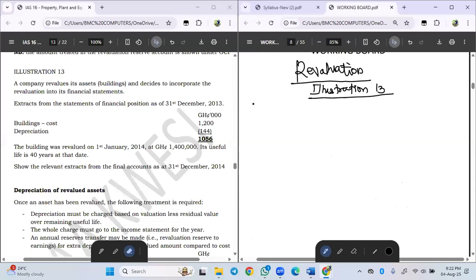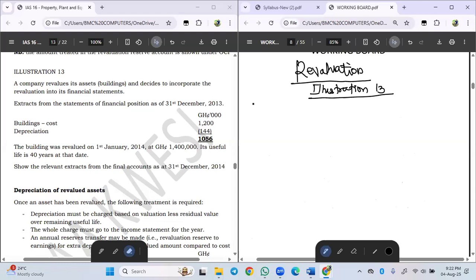Extracts from the statement of financial position as of 31st December 2013. We have building at cost, depreciation. Then the building was revalued on 1st January 2014 at 1.4 million Ghana cedis. Its useful life is 40 years at that date. Show the relevant extracts from the final accounts as at 31st December 2014.